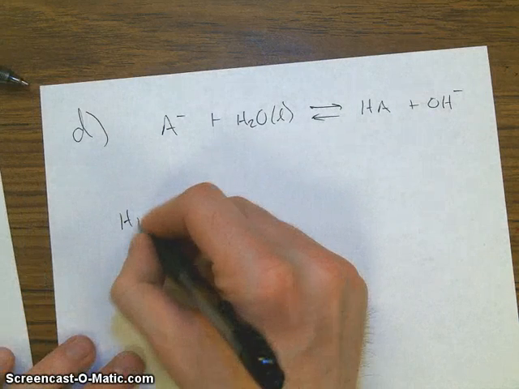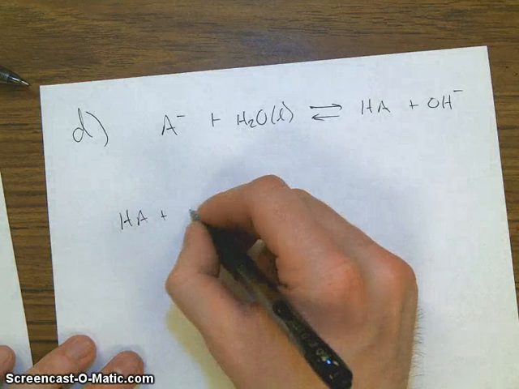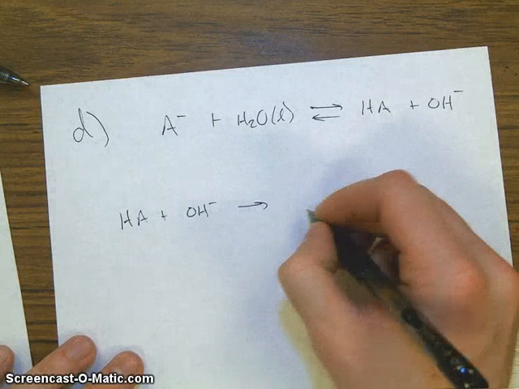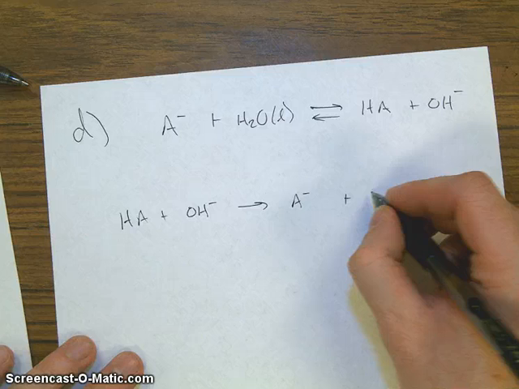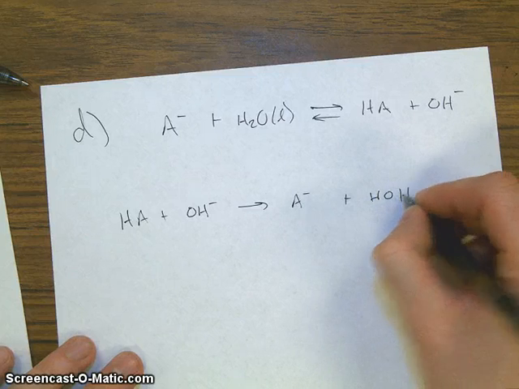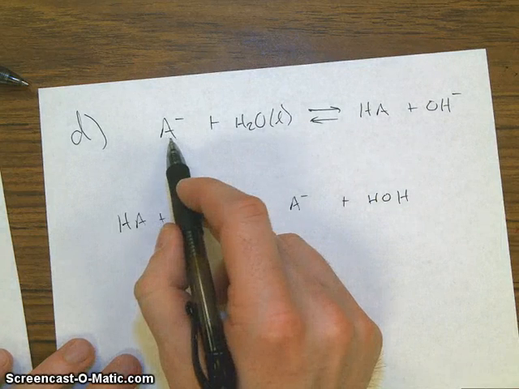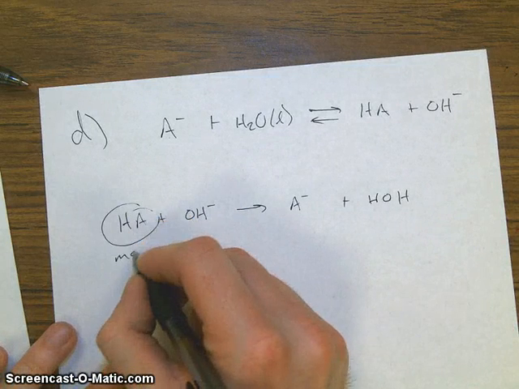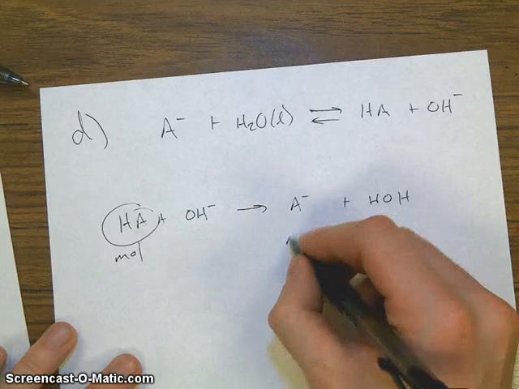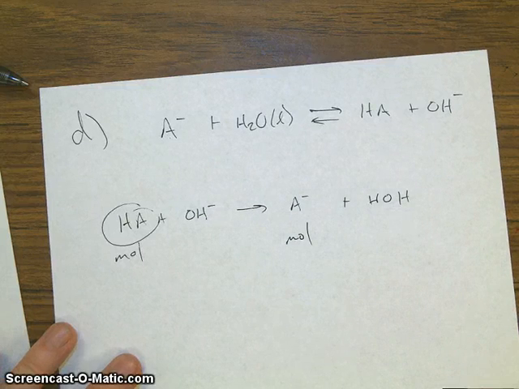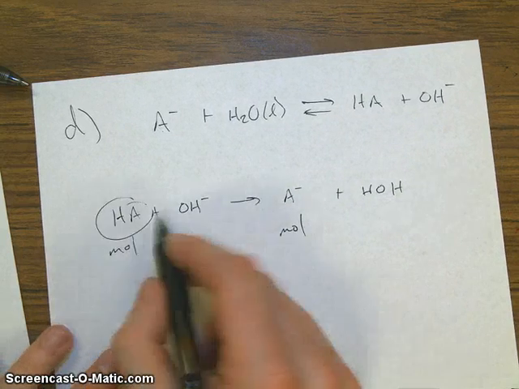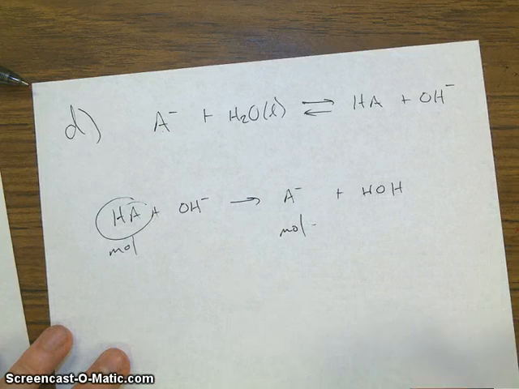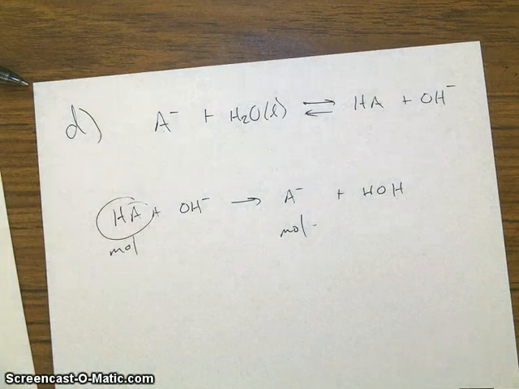Remember, in the very beginning it was HA plus the OH-, and then we were producing the A- and the water. Okay? So if we want to know the concentration we're starting with, our initial concentration here, whatever the moles of this we began with is the number of moles of A- that we produced at the equivalence point.